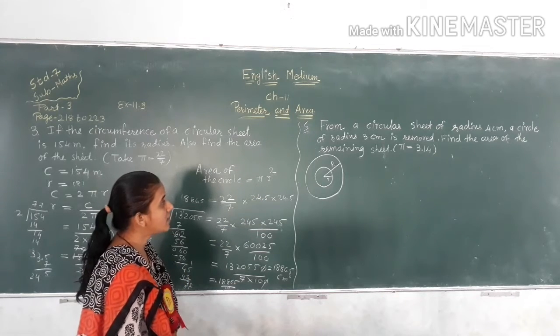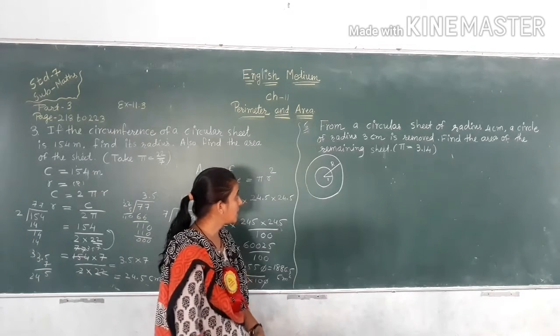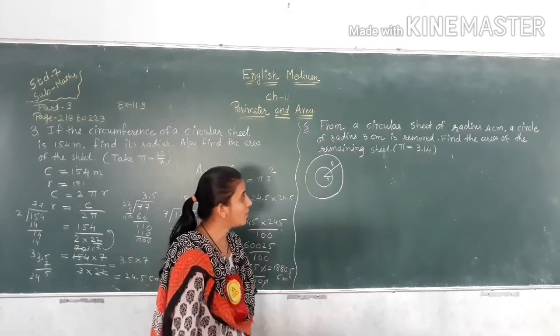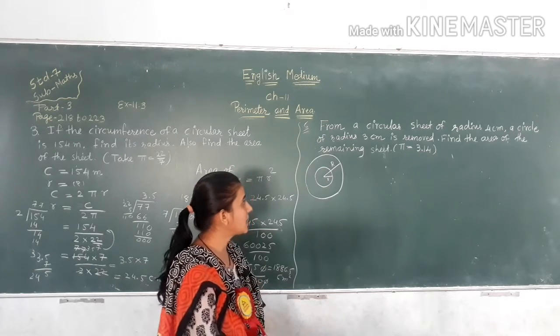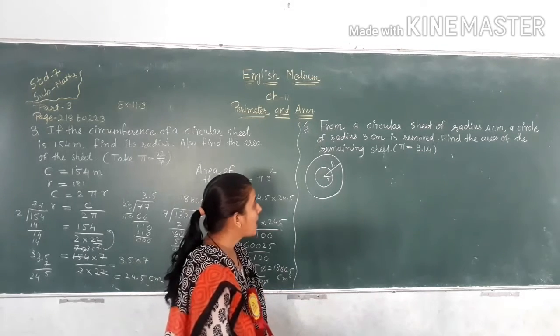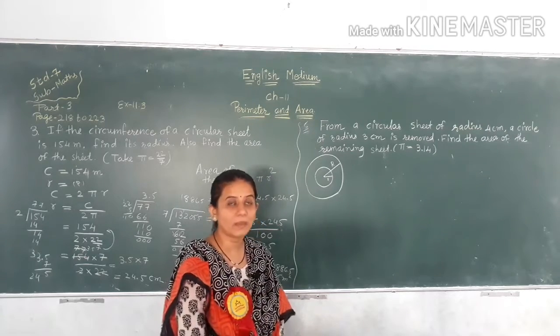Number 5. From a circular sheet of radius 4 centimeter, a circle of radius 3 centimeter is removed. Find the area of the remaining sheet.